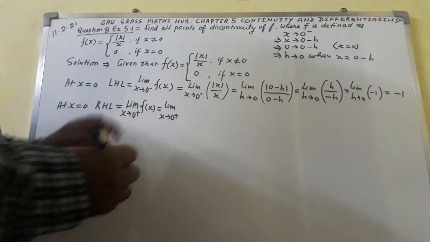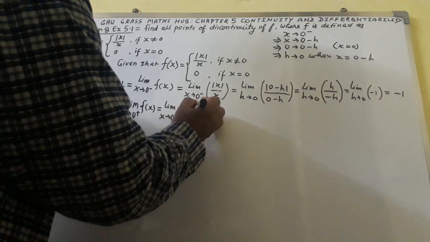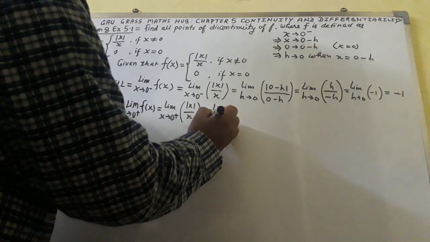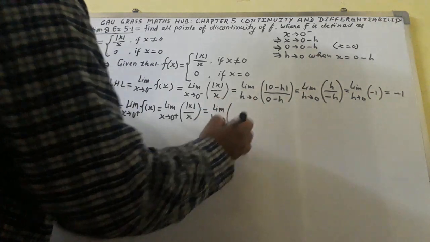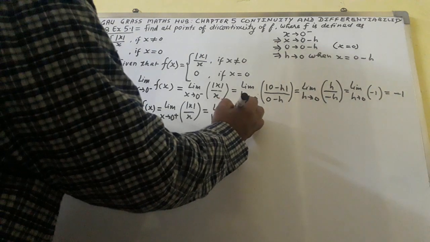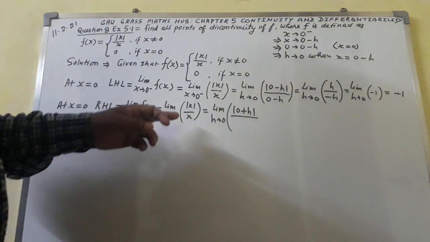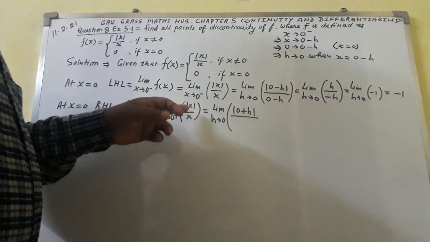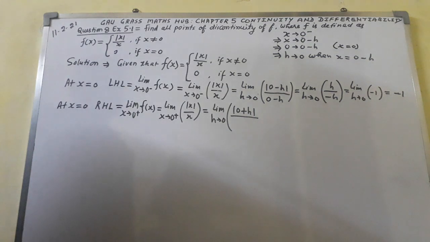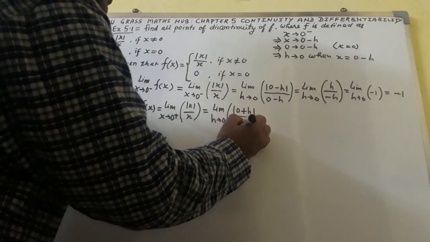So in place of f of x, I write mod x over x equal to the limit as h tends to 0, where in place of x I should write 0 plus h: mod of 0 plus h over 0 plus h.